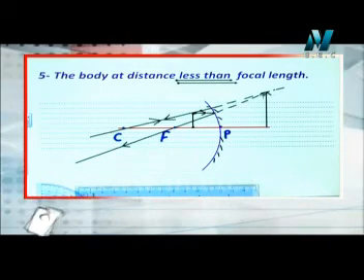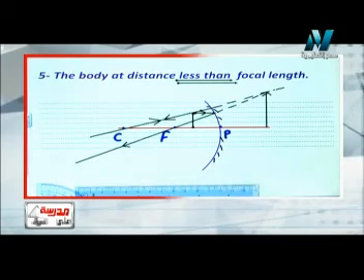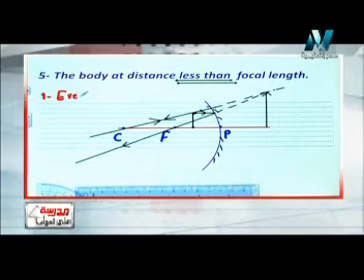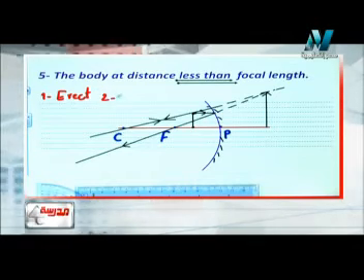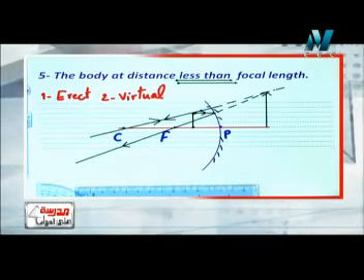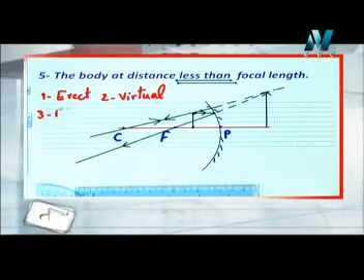And the image, as you see, is number 1, erect. And any image that is erect is what? Is virtual. Number 3, magnified, مكبر.